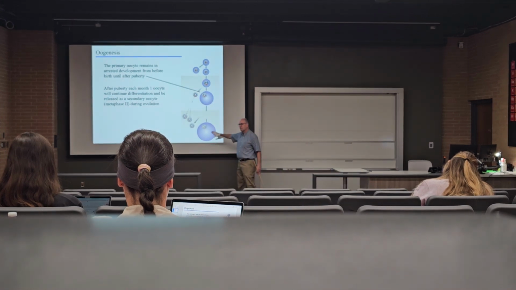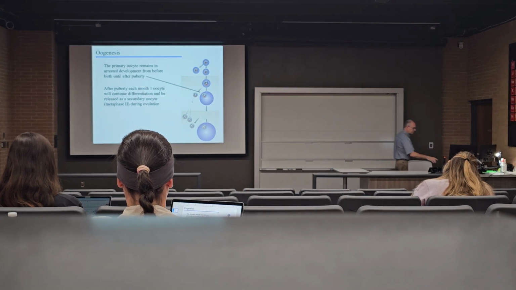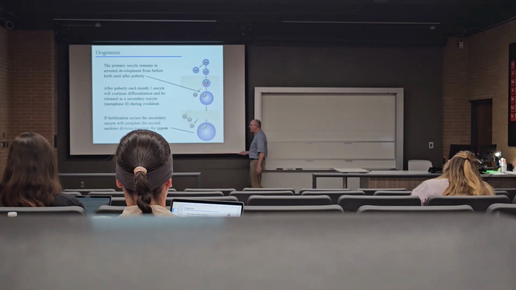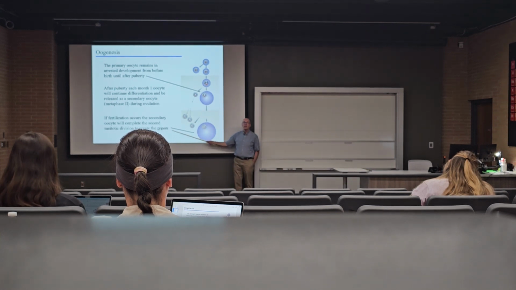If fertilization occurs, the secondary oocyte will complete the second meiotic division to create the zygote. A zygote is a fertilized egg.